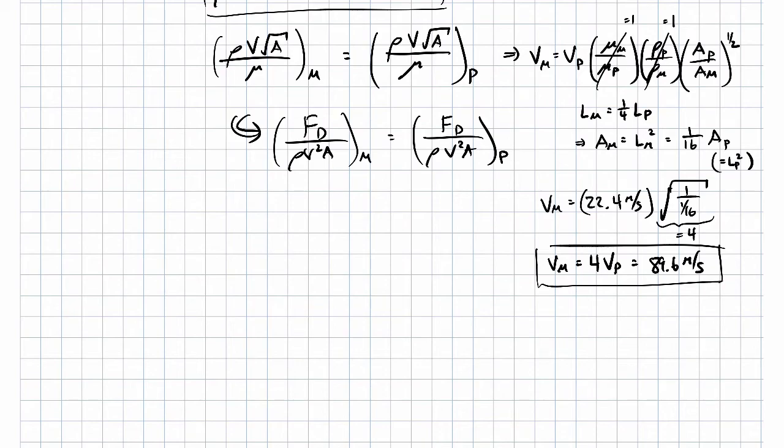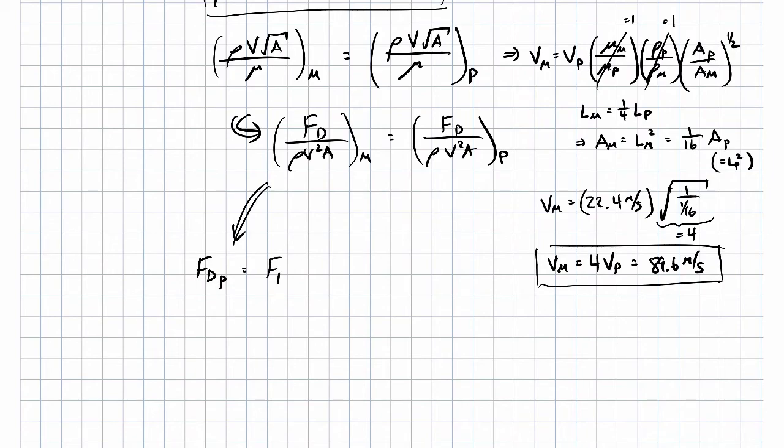Now to find what the drag force is in the prototype, if you recall in the problem statement, they measured the drag force in the model. And we want to know what the equivalent drag force is in the prototype. So we'll get that from this drag coefficient relationship. So let's rearrange that.